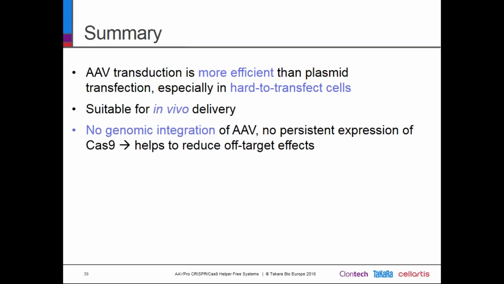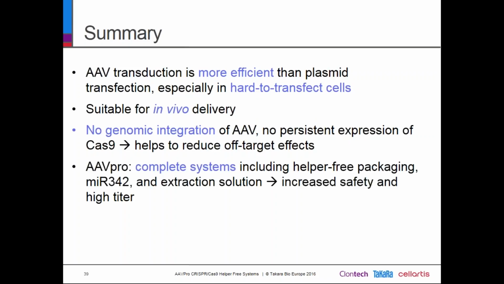AAV is a non-integrating virus, so this means there's no persistent expression of the Cas9 and no risk that it will get somewhere into the genome. And this also helps to reduce off-target effects. Our AAV Pro CRISPR-Cas systems are really complete systems, which also include the helper-free packaging vectors, the vector expressing the microRNA and the extraction solution.